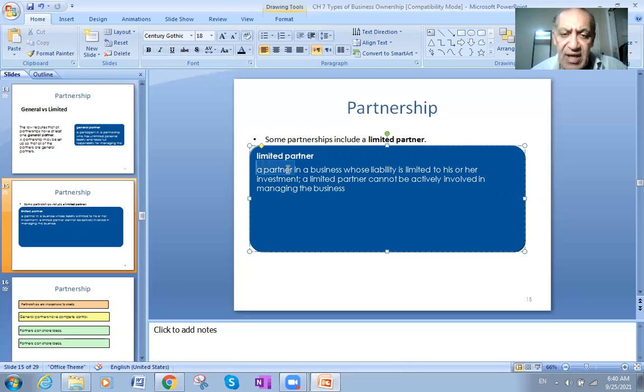A limited partner is a partner in a business whose liability is limited to his or her investment, his share. So if I put $20,000 in this business and I am a limited partner, that means I'm responsible for this 20,000 only. It's not like the sole proprietorship.